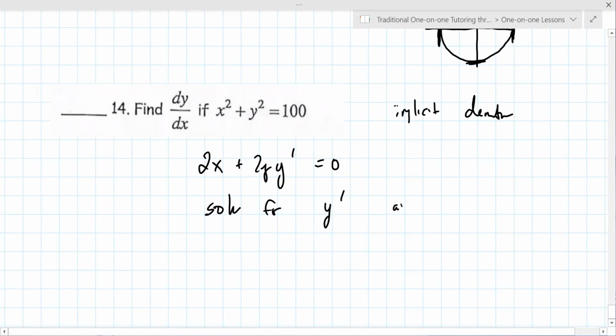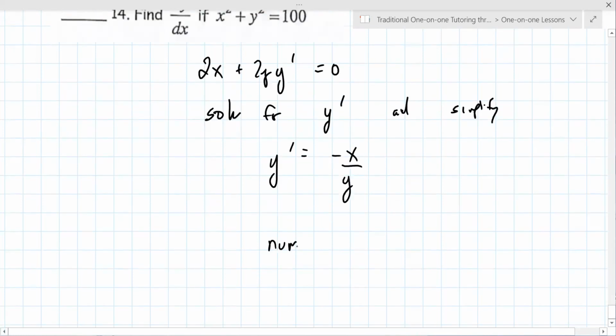Negative x over y equals y prime. Yes. Okay, so if you were to set the numerator equal to 0, there's not much to do here.